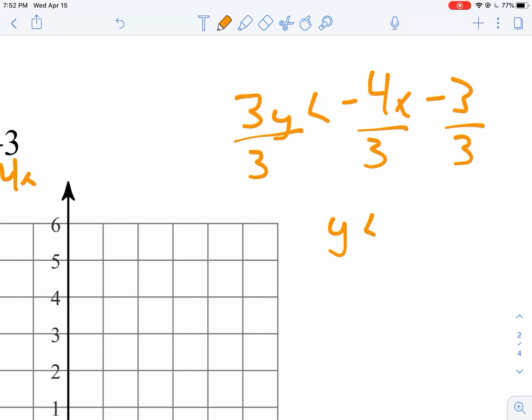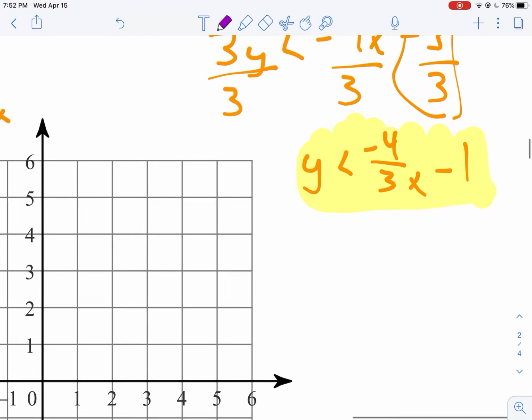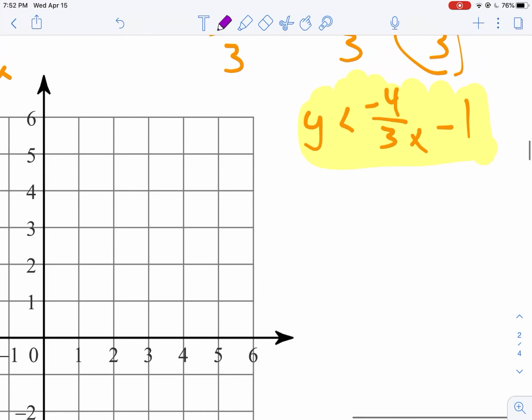So I have y less than negative 4/3 x, and negative 3 divided by 3 is negative 1. All right, this is what I'm going to graph, and this is going to tell me whether I use a solid or dotted line, and shade above or below.